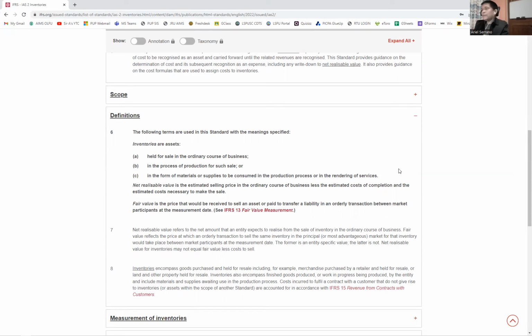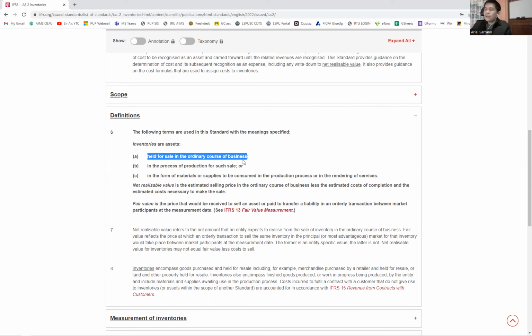But for the benefit of everyone, let us define what is inventory according to IAS 2. Okay? So, inventories are assets held for sale in the ordinary course of business.